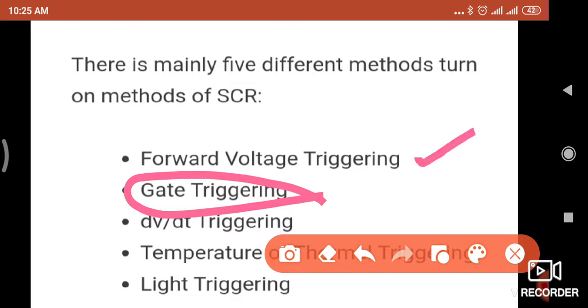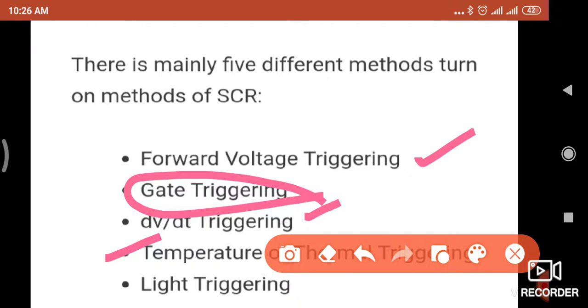Because in the first one we have to apply a very high voltage for triggering the SCR, and in the third one, the dV/dt rating, there is some special design we need for applying this rate of change of voltage with respect to time. And the fourth one is temperature or thermal triggering, where there is a possibility of damaging the SCR.